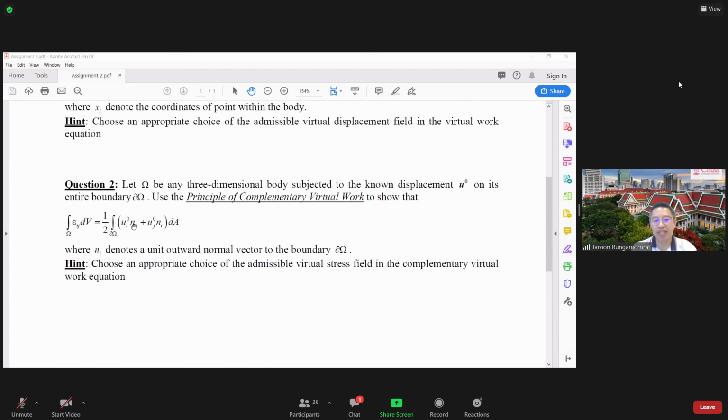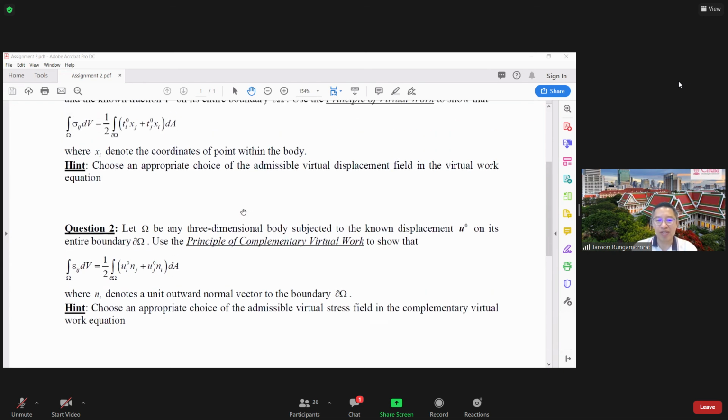You have n here already, because to get the traction on the boundary, you need to multiply by the normal vector. So think about what stress will produce a traction like this, and that will be the term we call the complementary external work done. That's the only thing I can give you here. Okay, you can try.